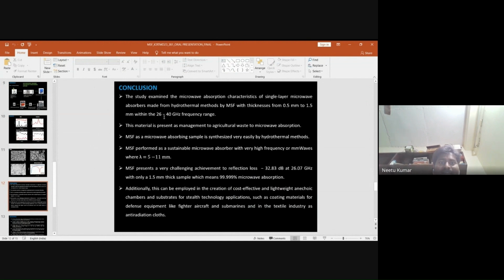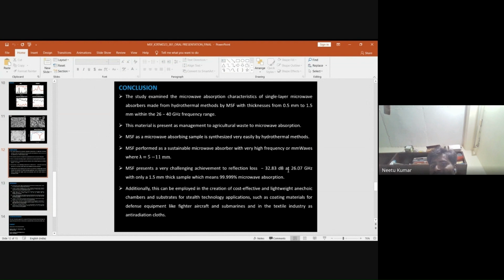And in conclusion, we use the Ka band frequency, and there are magnetic and agriculture-based microwave absorbers also. MSF as a microwave absorbing sample is synthesized very easily by the hydrothermal method, and MSF performed sustainably at very high frequency mmWaves, which is also called 5G technology. As in the introduction slides, MSF presents a very challenging achievement of reflection loss of minus 32.83 decibels at 26.07 gigahertz within only a 1.5 mm thick sample.